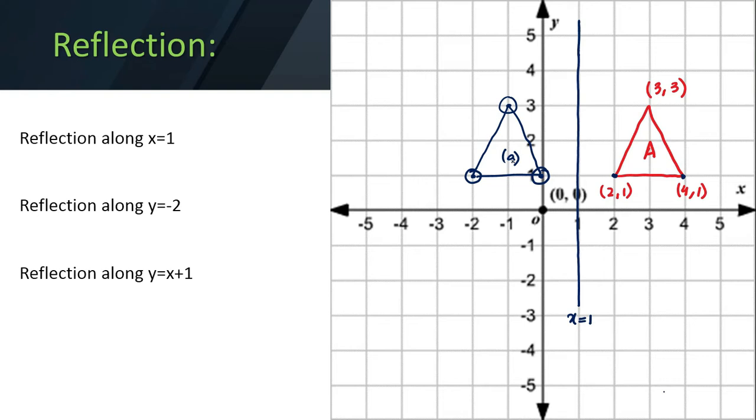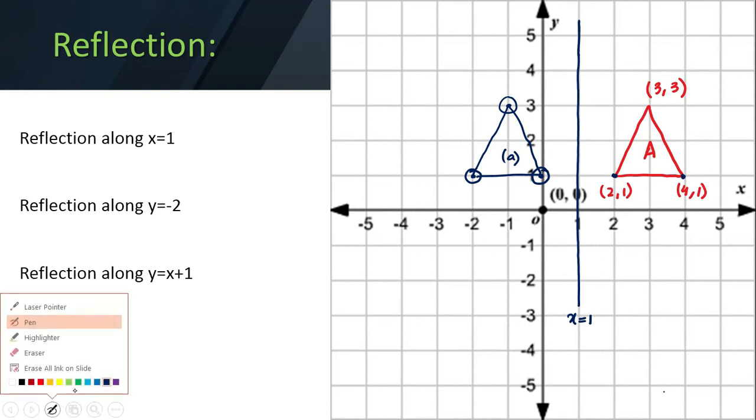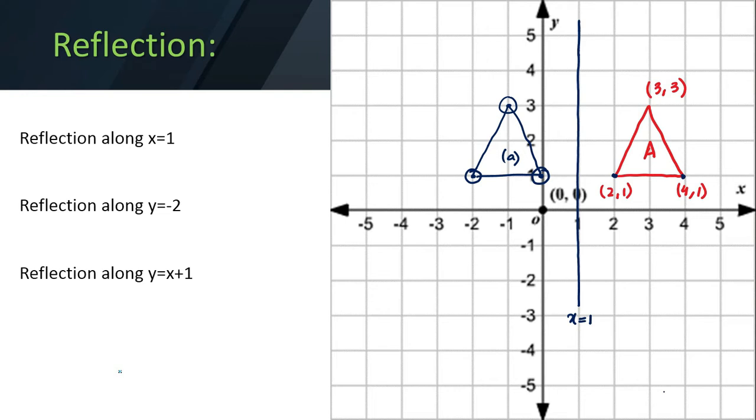Now the second line we have is y is equal to negative 2. When we draw this line y is equal to negative 2, we will reflect triangle A on the opposite side of this line of reflection.